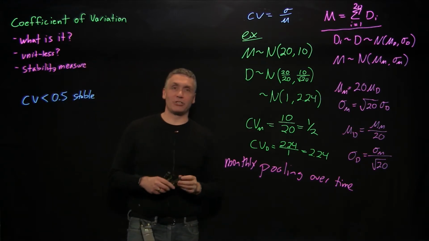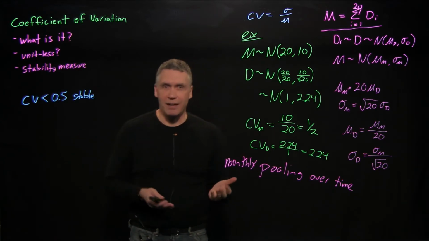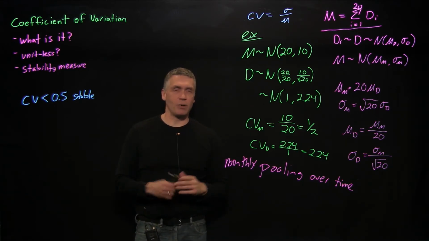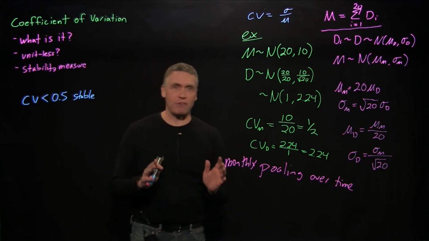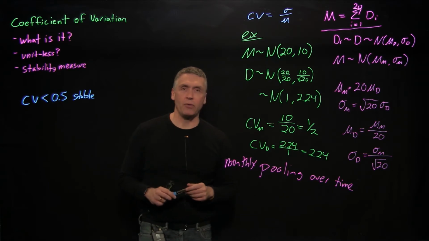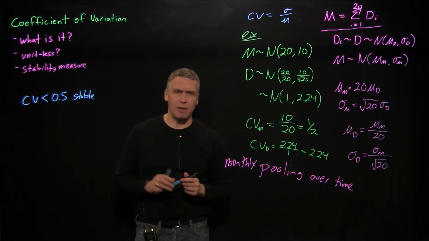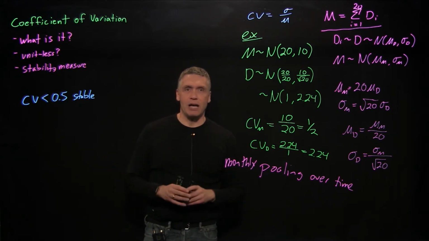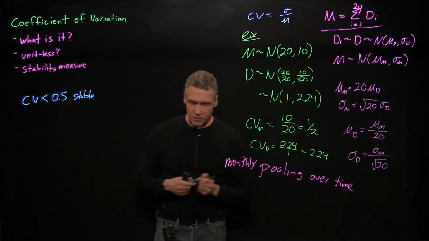Long ago, when I was a doctoral student, I looked this up to see where it actually comes from, because I would hear this rule of thumb, CV less than a half is stable, and I wondered what that actually means. It turns out the earliest reference I could find is in a book by Robert Goodall Brown, Decision Rules for Inventory Management, which came out in the 60s, maybe the late 50s. But it's just stated as a fact. I couldn't find it anywhere, so the best intuition I can offer is as follows.